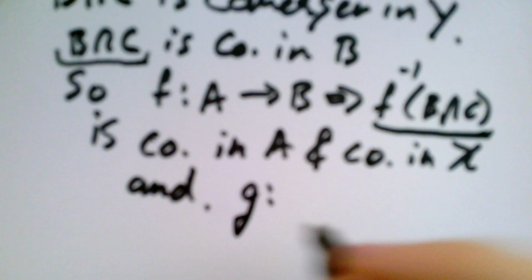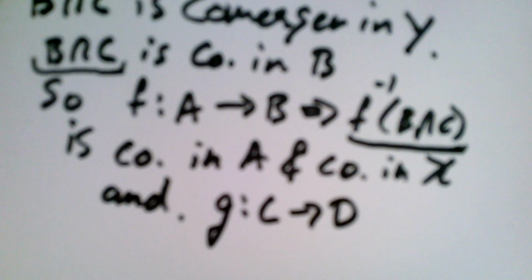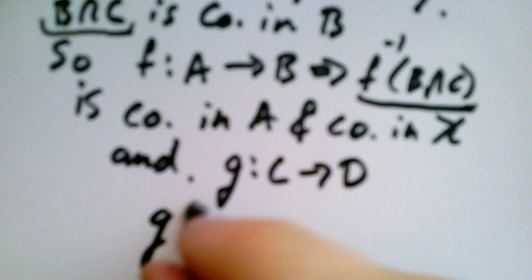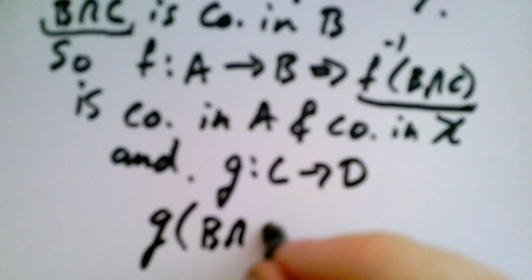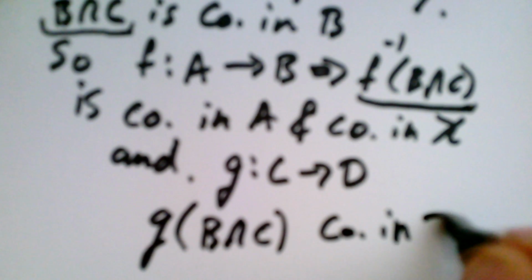We have a homeomorphism G from C to D. Okay, we know that G of B intersect C is comeager in Z.